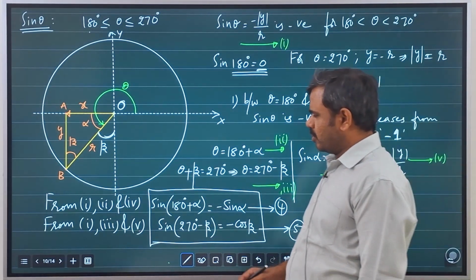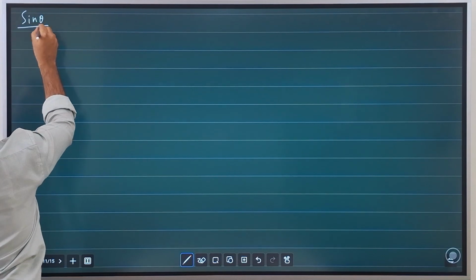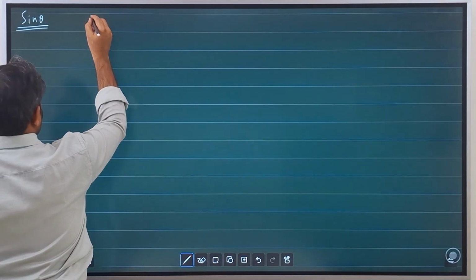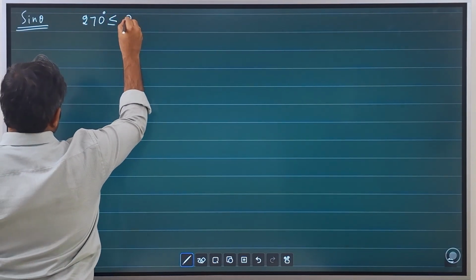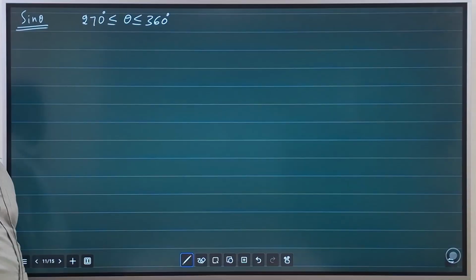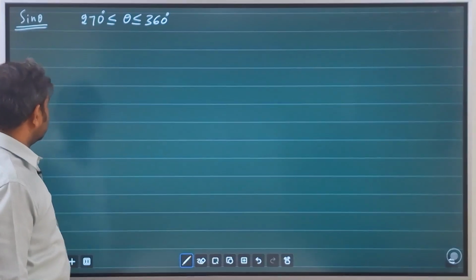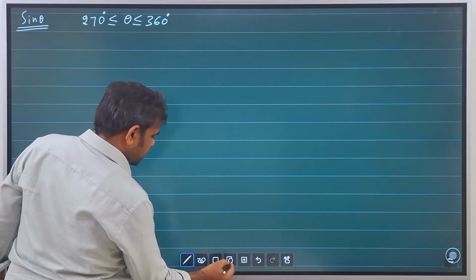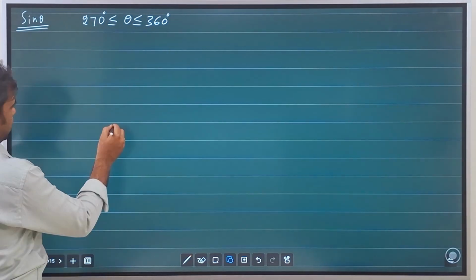Okay, now let's go to fourth quadrant. So we are going to study how the values of sine theta change as theta changes from 270 degrees to 360 degrees. Just like we did in the previous three cases, draw a circle here.